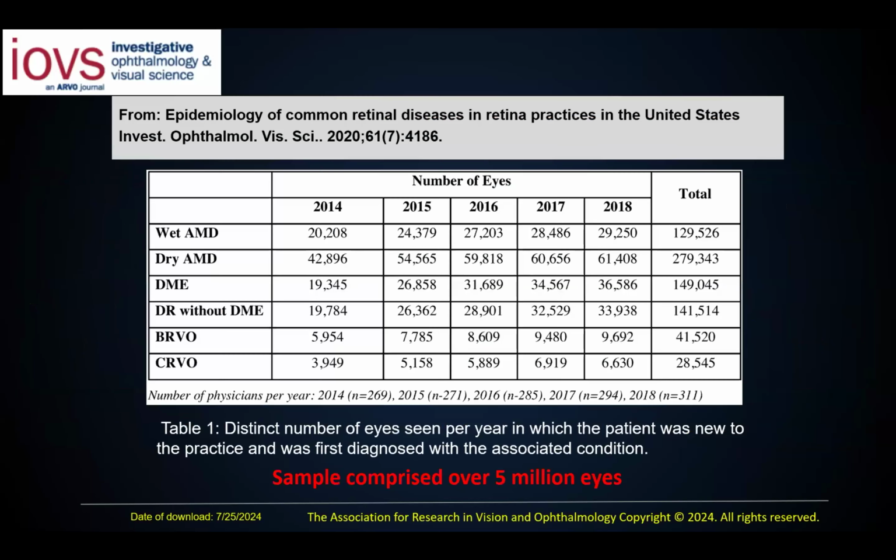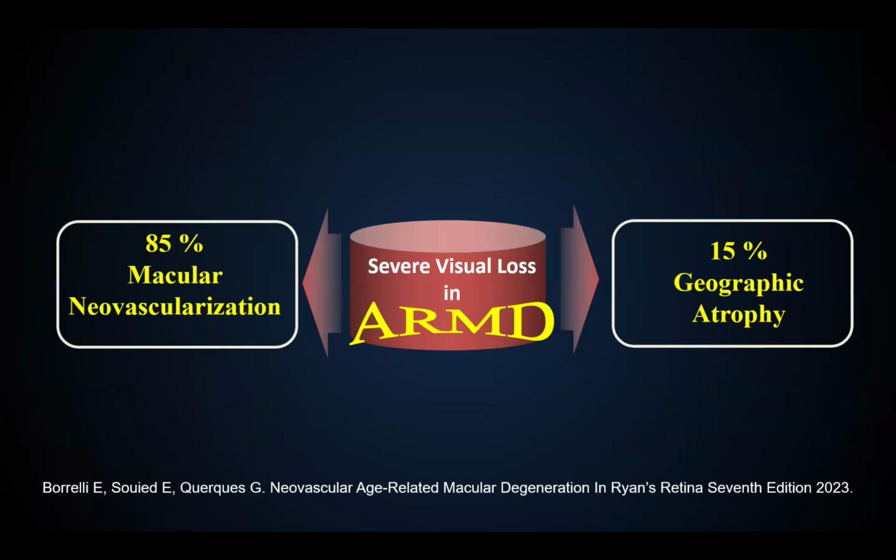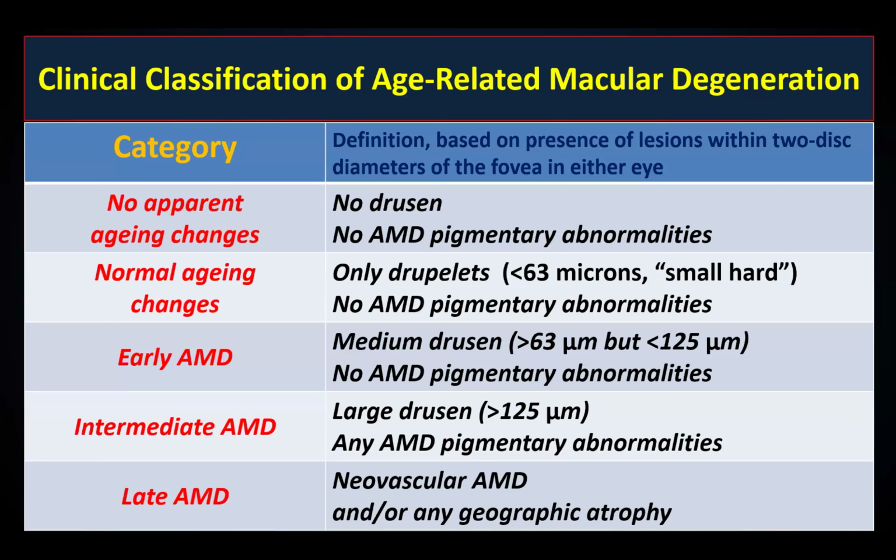In the US, wet AMD is the most common disease in retina practices. Severe vision loss in AMD is the result of macular neovascularization in 85% of cases, whereas geographic atrophy is responsible for 15%. It's worth noticing that the development of one or both complications characterizes the late form of AMD.